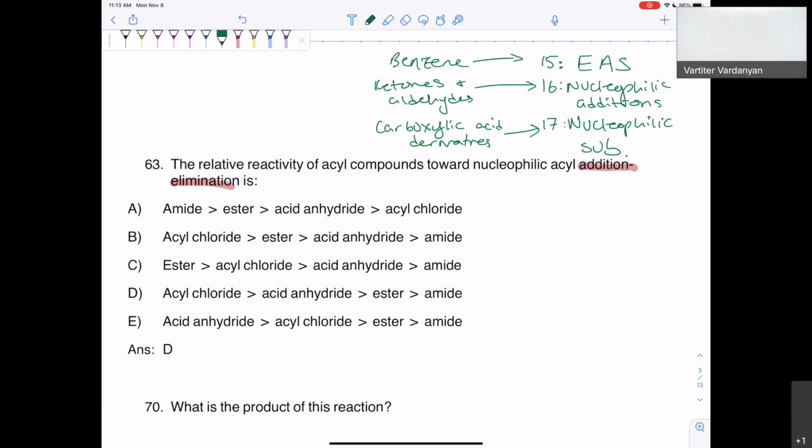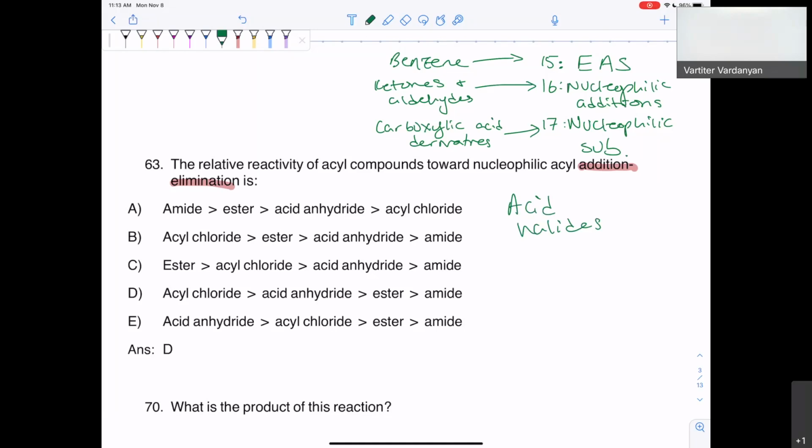Alrighty, so when we're going from most to least reactive for nucleophilic substitutions, we're looking at the different carboxylic acid derivatives, right? Do you guys remember what's the most reactive? Yes, so the acid halides are the most reactive.